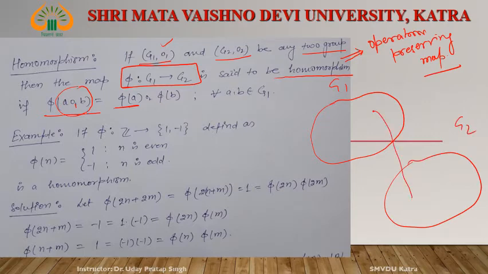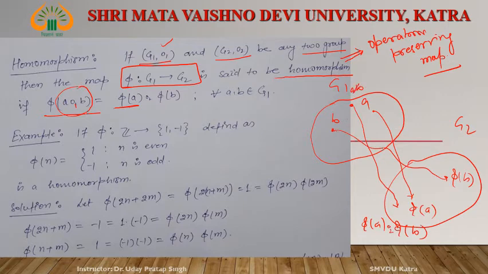A maps to phi(a), and b maps to phi(b). Then a O1 b is somewhere here, and its image is phi(a O1 b). Here between a and b we apply the operation of the first group G1, and since phi(a) and phi(b) belong to G2, between phi(a) and phi(b) we apply the operation of G2.